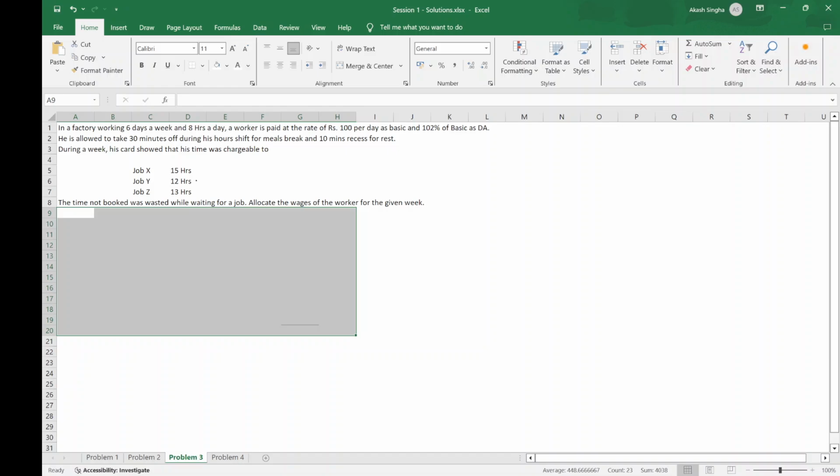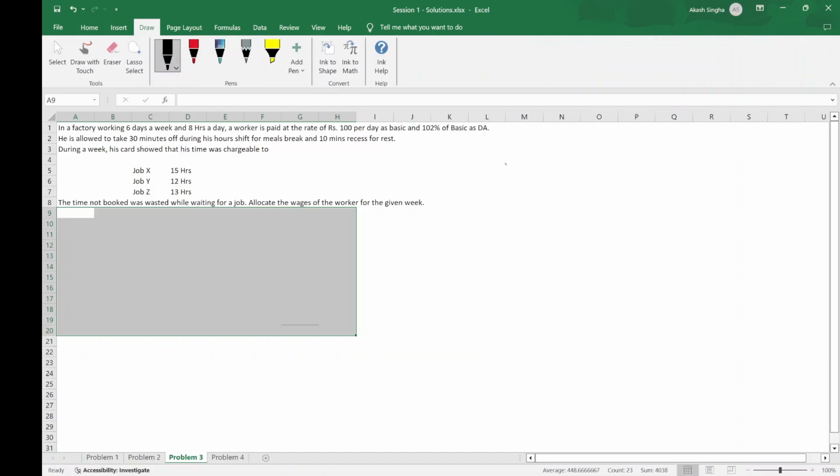So 100 is paid per day, 100 rupees for basic and 120 for DA. So 220 per day he is getting paid. So every day he works for 7 hours 40 minutes.